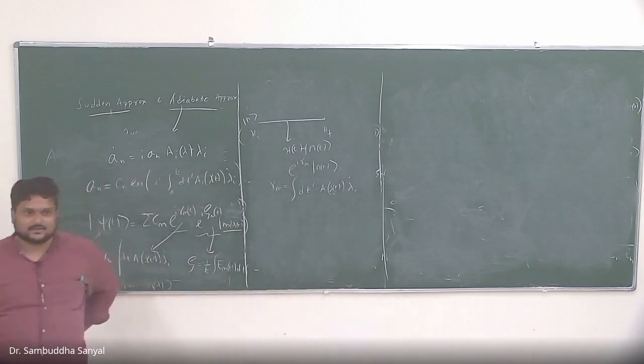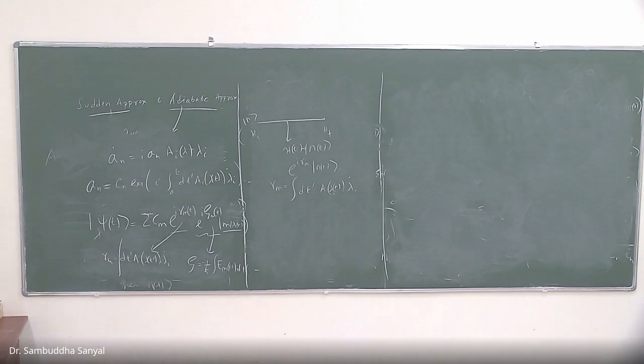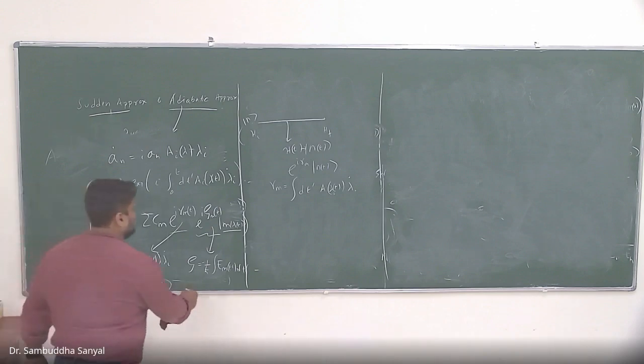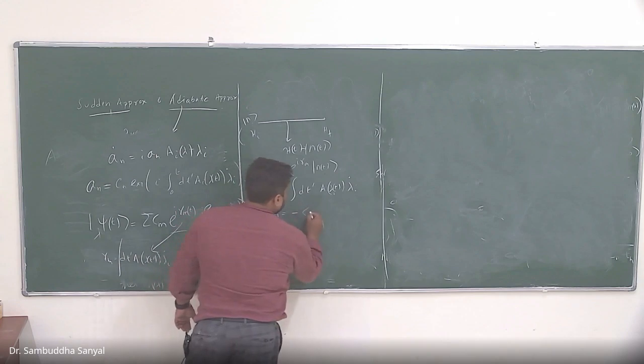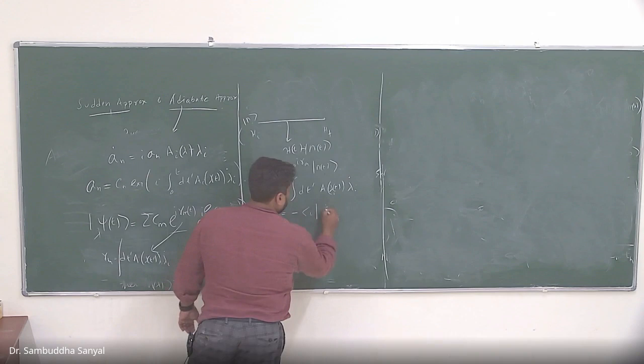Now, what does it mean? Where did it come from? Let's see that. What is this A? First of all, this is another point to remember. A is basically minus I, n del lambda p.